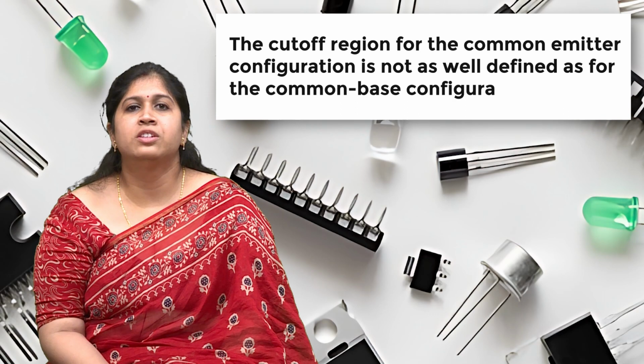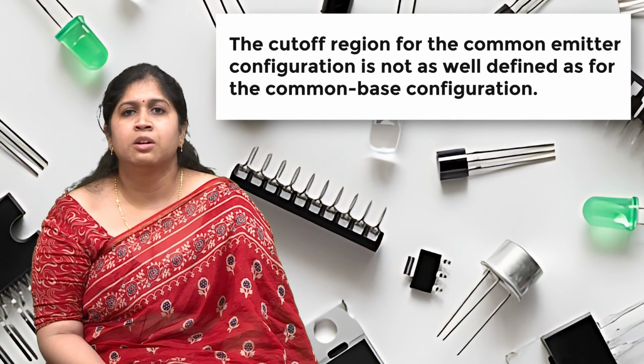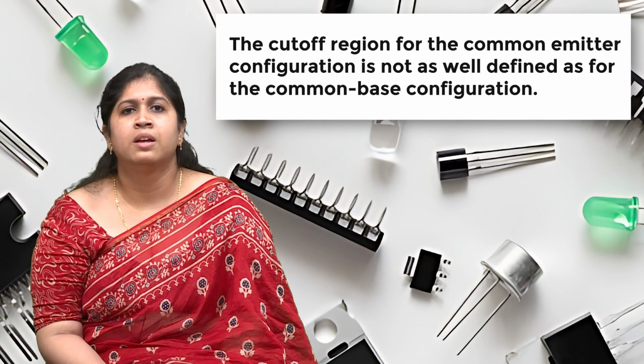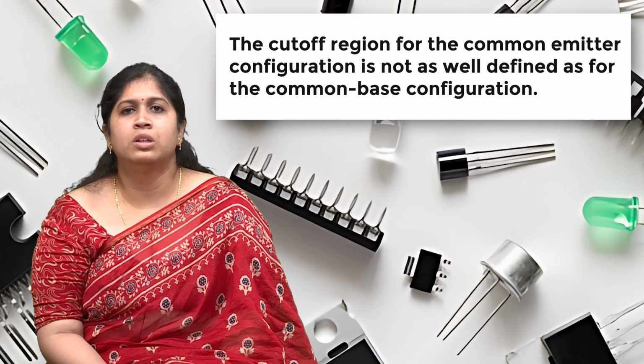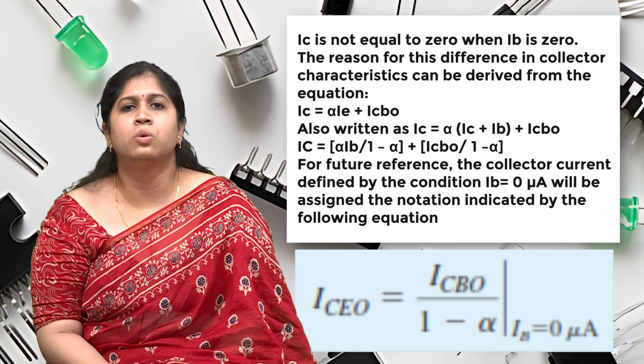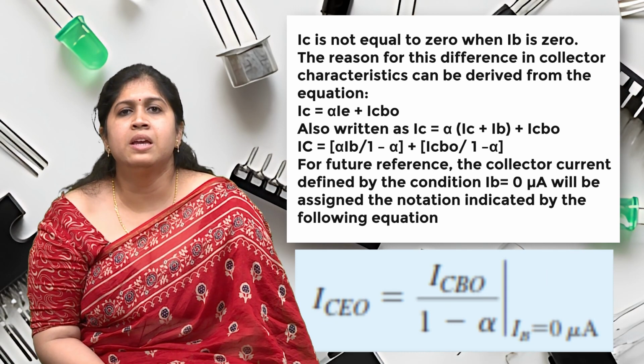The cutoff region for the common emitter configuration is not as well defined as for the common base configuration. IC is not equal to 0 when IB is 0.